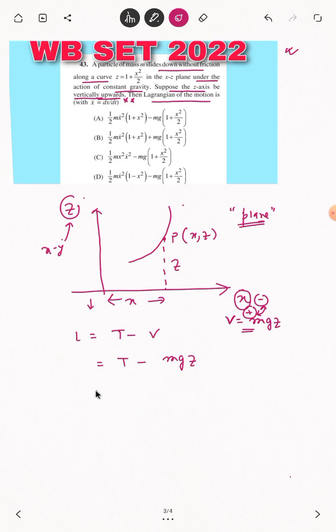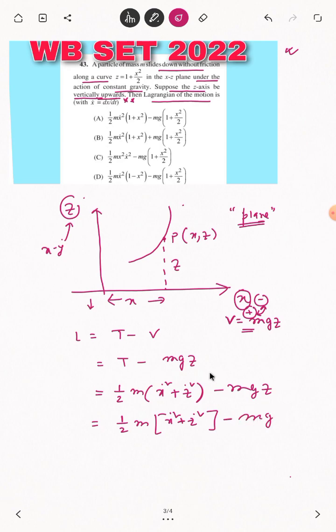And finally T, what will be T? Half m into x dot square plus z dot square minus mgz. What is z? z is already given, so half m x dot square plus z dot square minus mg, and z is given as z equal to 1 plus x square by 2.